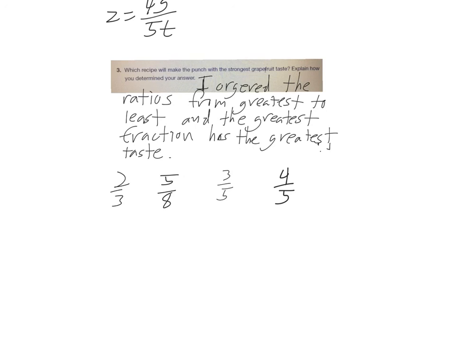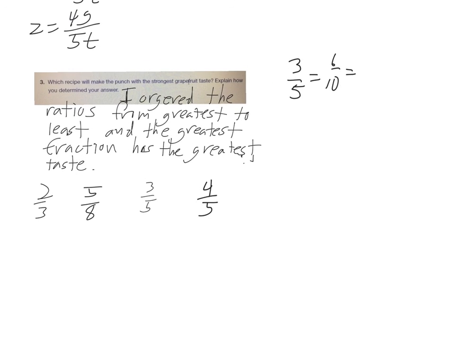We should know that 3/5 is equal to 6/10, which is equal to 0.6. And then 4/5 equals 4/10 equals 0.4. 2/3 is a repeating decimal.